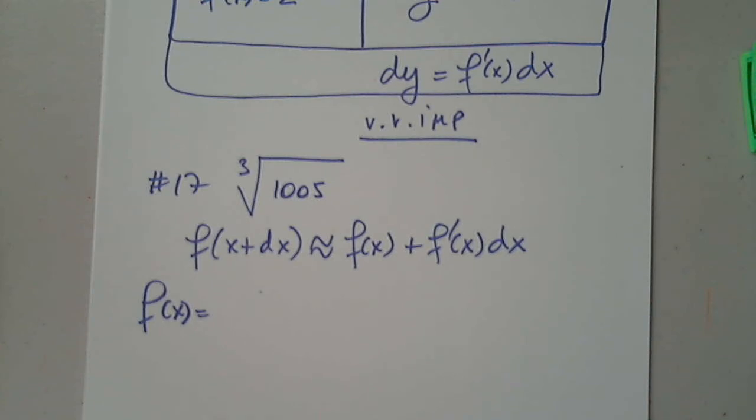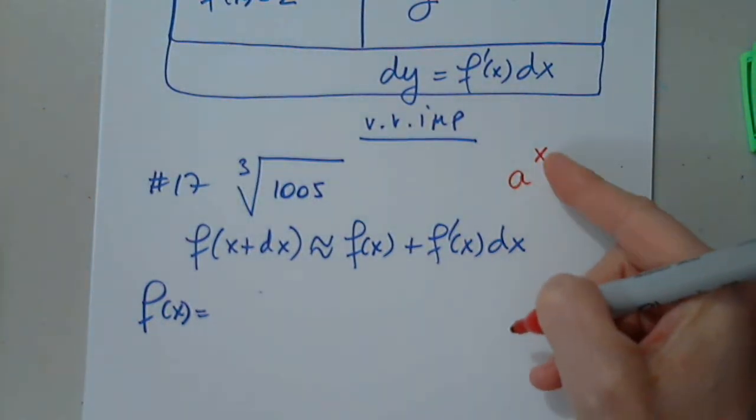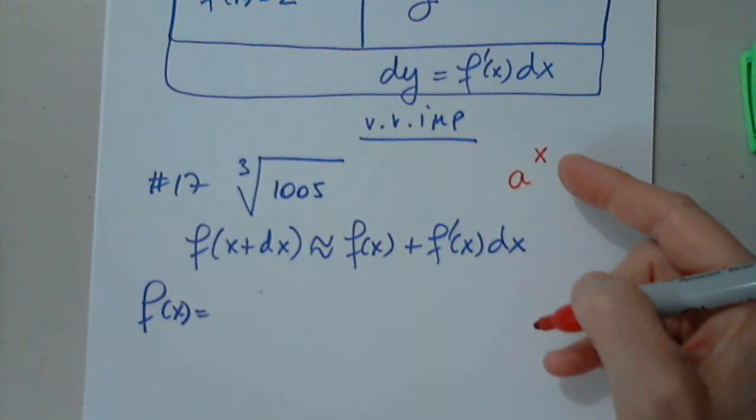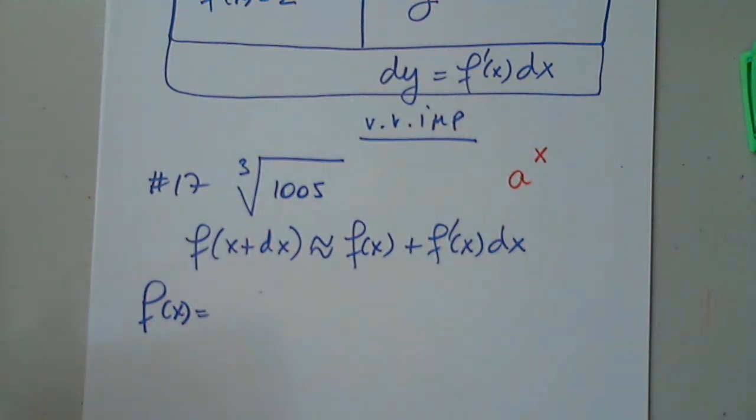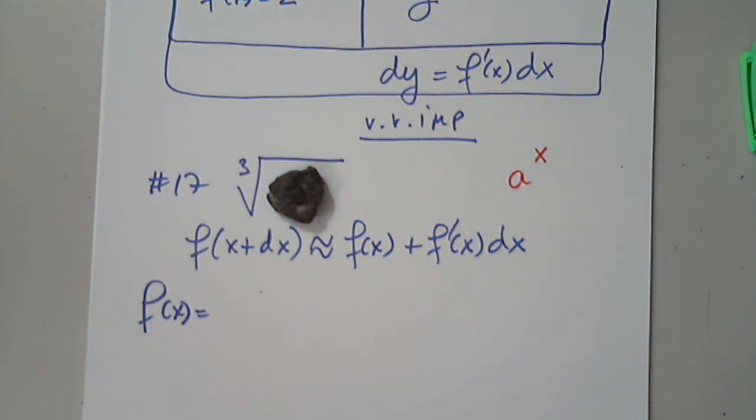Exponential. The exponential looks like this, a number to a power. Wouldn't that be 1,005 to the 1/3? You could consider that, but how do I read it first? The cube root of 1,005. What could be the function that I'm looking at?